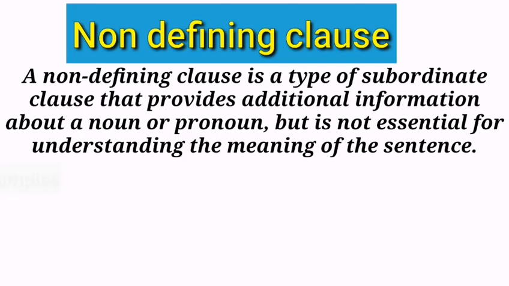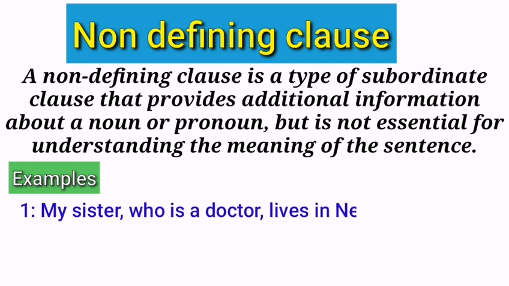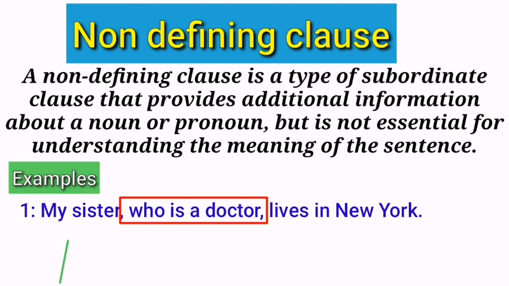Just look at these examples. My sister, who is a doctor, lives in New York. Look at this sentence. The group of words, who is a doctor, is a non-defining clause. But how? Simply, the first point is, it modifies a noun phrase, my sister.